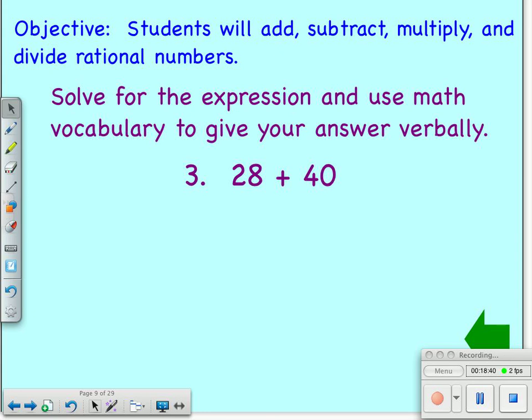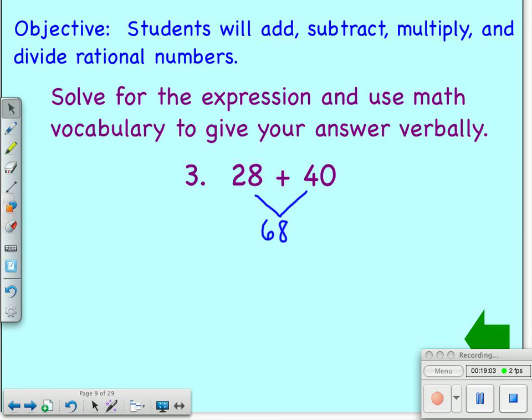Solve the expression and use math vocabulary to give your answer verbally. So 28 plus 40, first we're going to solve. 28 plus 40 is 68. And now we're going to write our answer verbally. So, again, you see addition.